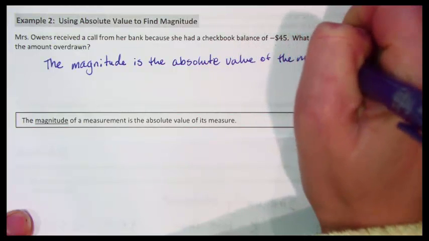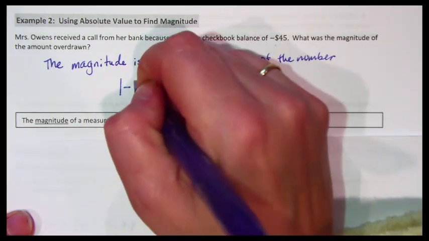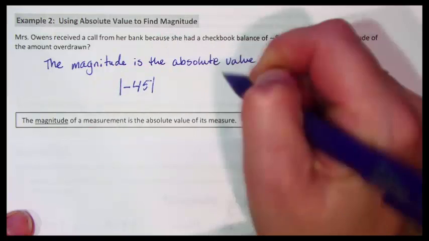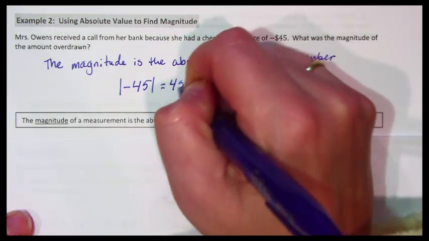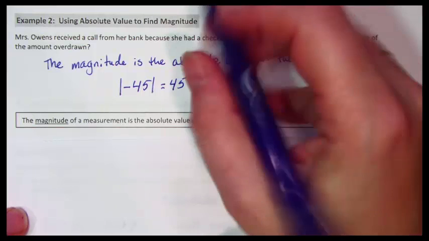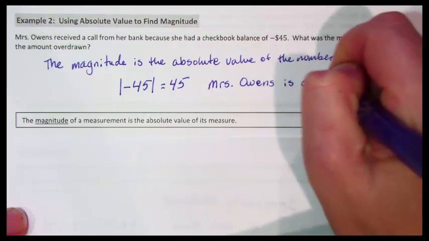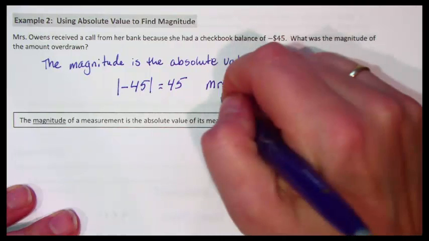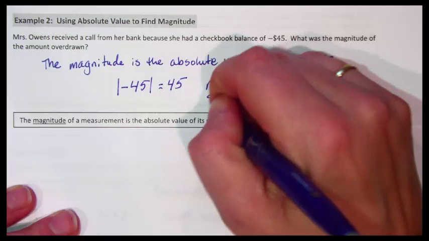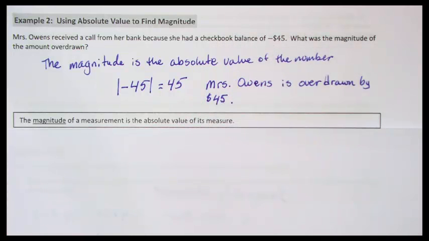It's the length of the line of the arrow if we were to draw it on a number line. So the absolute value of negative 45 is 45. That's how long our arrow would be. This means that Mrs. Owens is overdrawn by $45. That's how much money she took out that was more than she had.